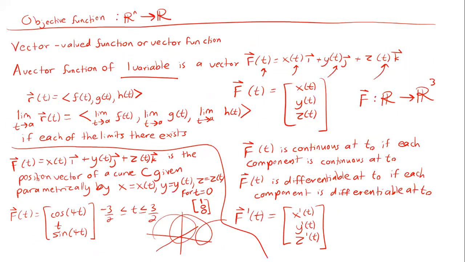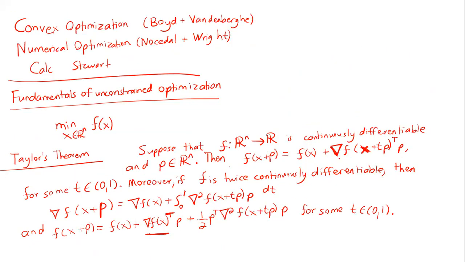Okay, so now we're on to something. We are able to see here that we have a gradient vector dotted with another vector.